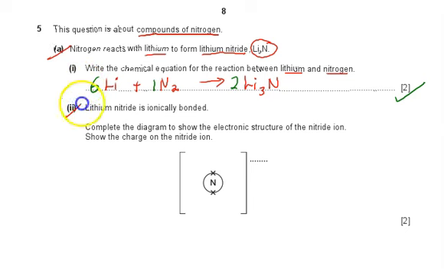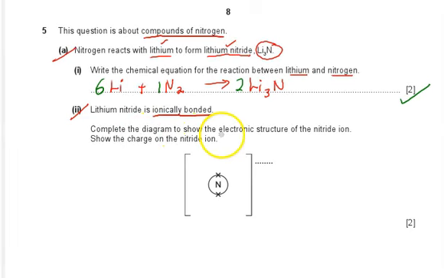Now, lithium nitride is ionically bonded, because there is a metal here and a non-metal over here. Complete the diagram to show the electronic structure of the nitride ion. So nitrogen basically has 7 electrons. If you look at the periodic table, you have 14, 7 nitrogen.